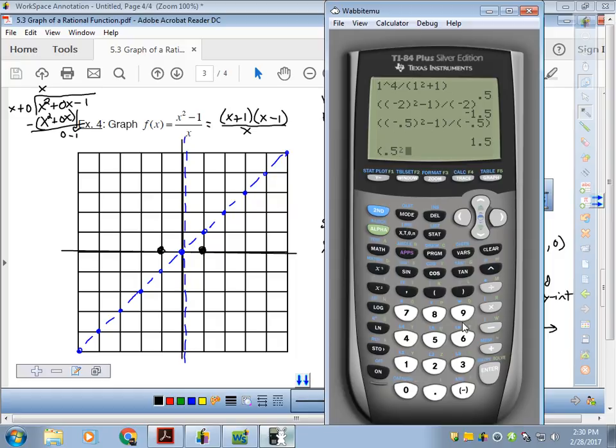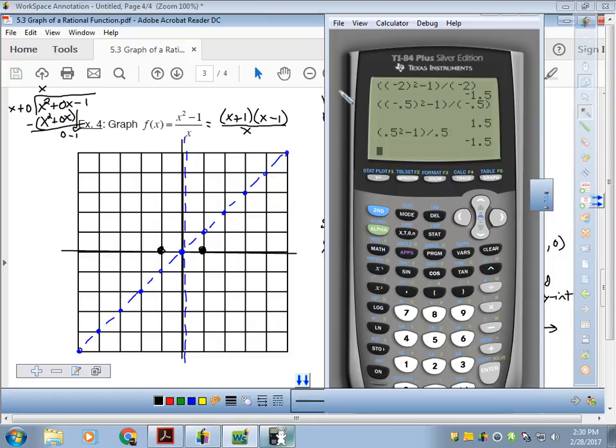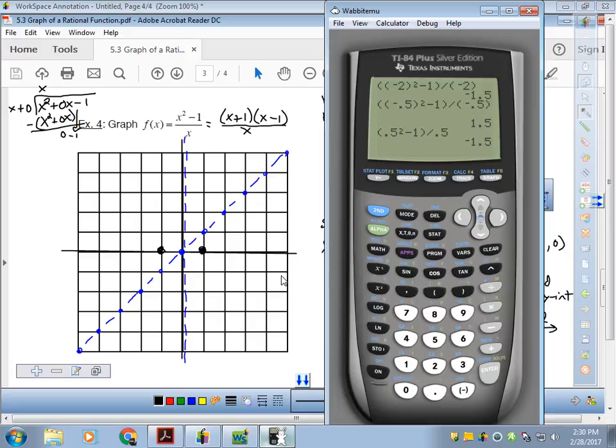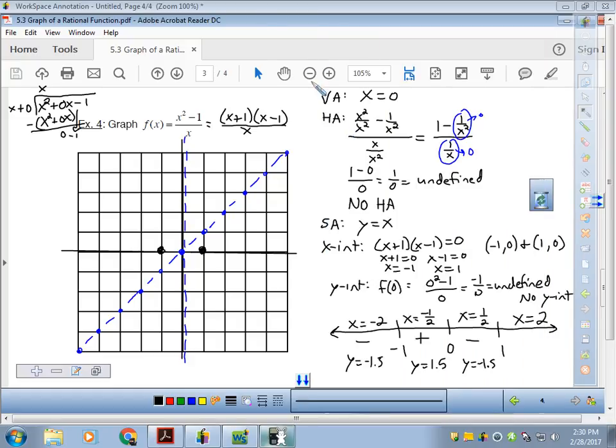So 0.5 squared minus 1 divided by 0.5. I get a -1.5. And then between 1 and infinity, I can do something like x equals 2. So we'll have 2 squared minus 1 divided by 2. And that gives us a +1.5.